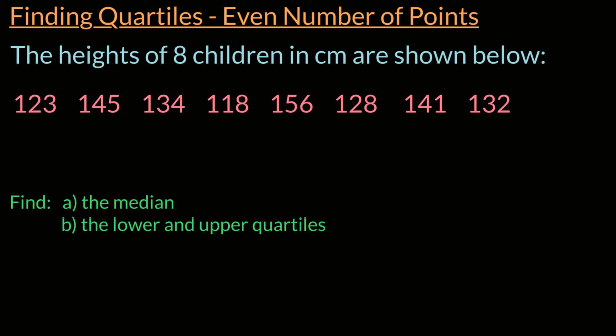So we're still going to have to rewrite these numbers in order, starting with the smallest, which is 118. So now 118, and then our next number is 123 and 128. In the 130s, we have 132 and 134.